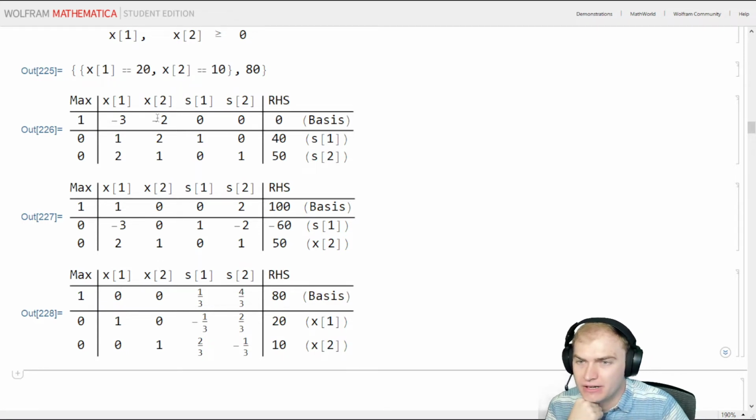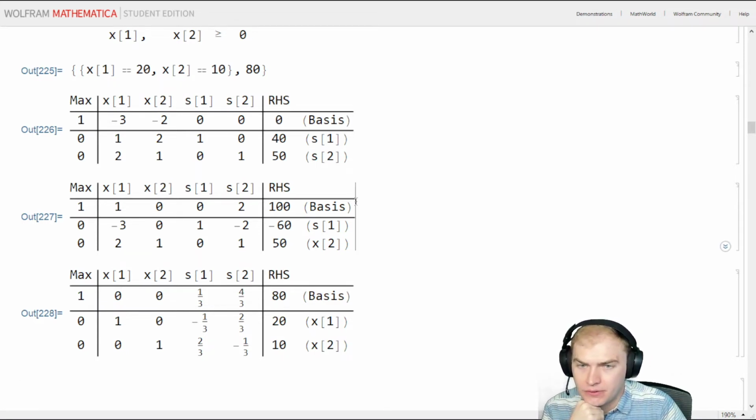So if we pivot in x2 first, we end up with a 1 here, and a 2 here, and we are subtracting something.